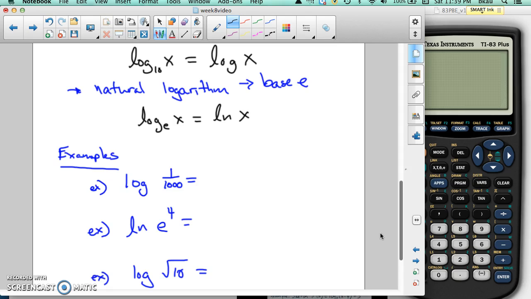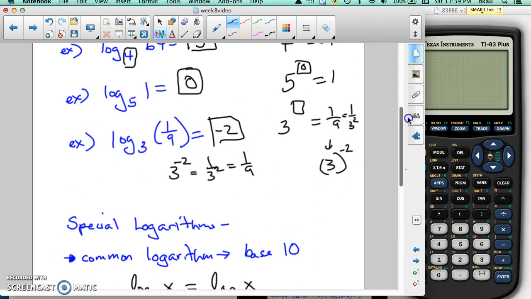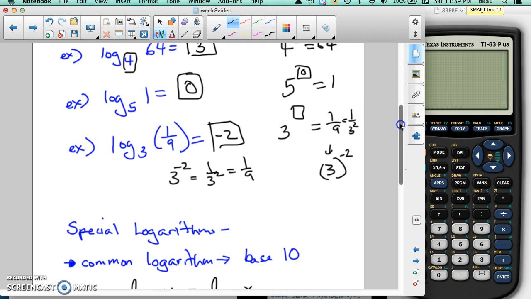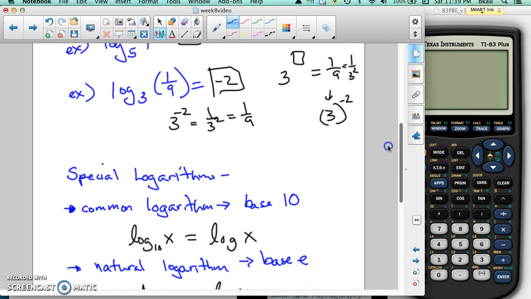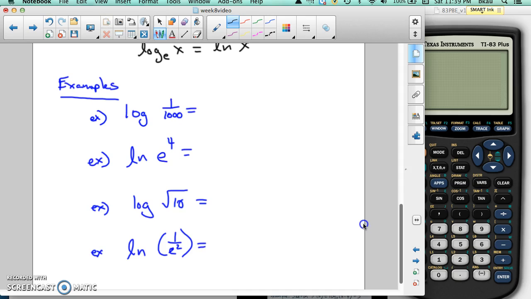On these examples we're doing the same thing, but they're not writing the bases. In the first set we had base 10, base 4, base 5, base 3. On these, you're going to have to use either a common logarithm, which in this case is base 10. So we're looking at 10 to what power equals 1 over 1,000. This is like the other example in that it's a reciprocal, so we'll have a negative exponent.